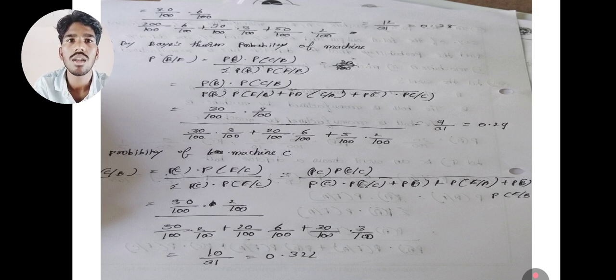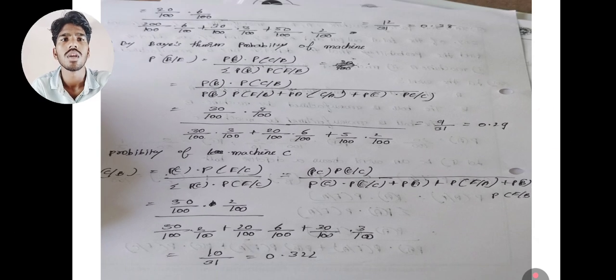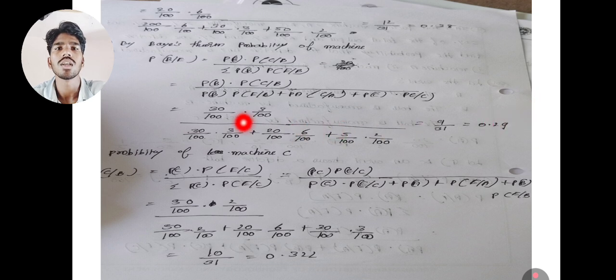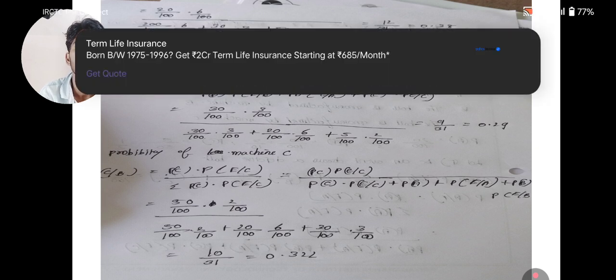And by Bayes' theorem, you can check here also, using the same formula with some modifications: in place of A we substitute B. You can take a screenshot, guys, and by substituting these values you also get the probability for machine B, which will be 9 by 31, about 0.29.